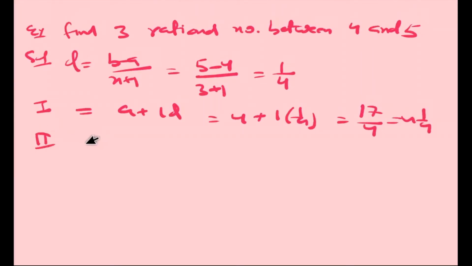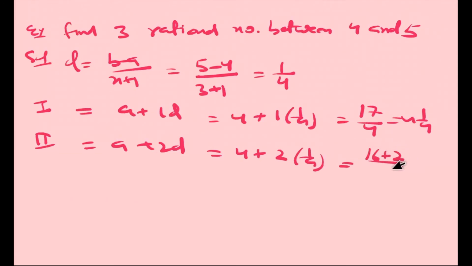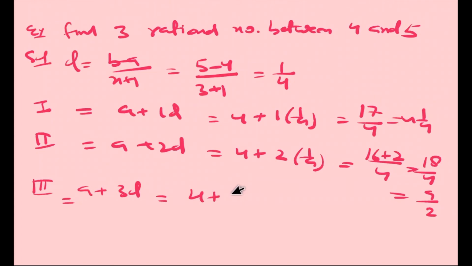Now the second rational number is a plus 2d, that is 4 plus 2 into 1 by 4, that is (16 plus 2) upon 4, 18 upon 4, equal to 9 by 2. Now the third rational number is a plus 3d, that is 4 plus 3 into 1 by 4, that is (16 plus 3) upon 4, 19 upon 4.